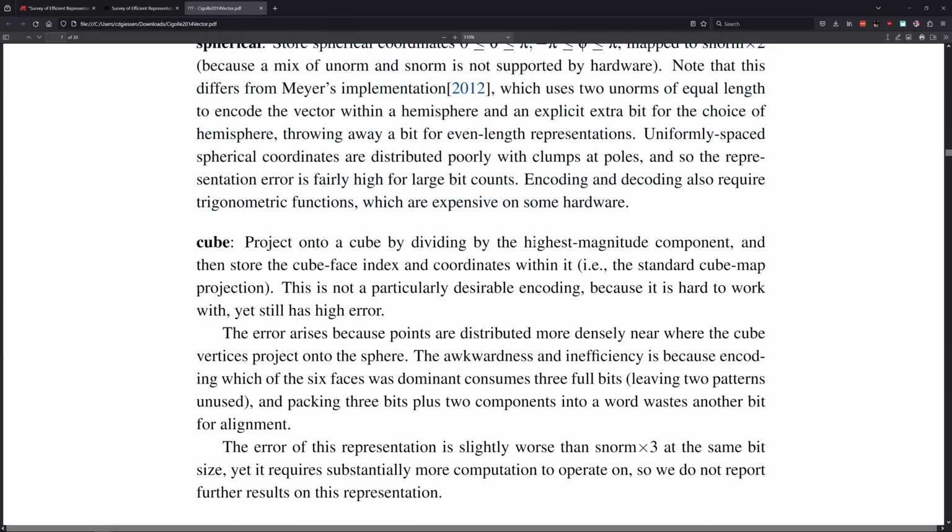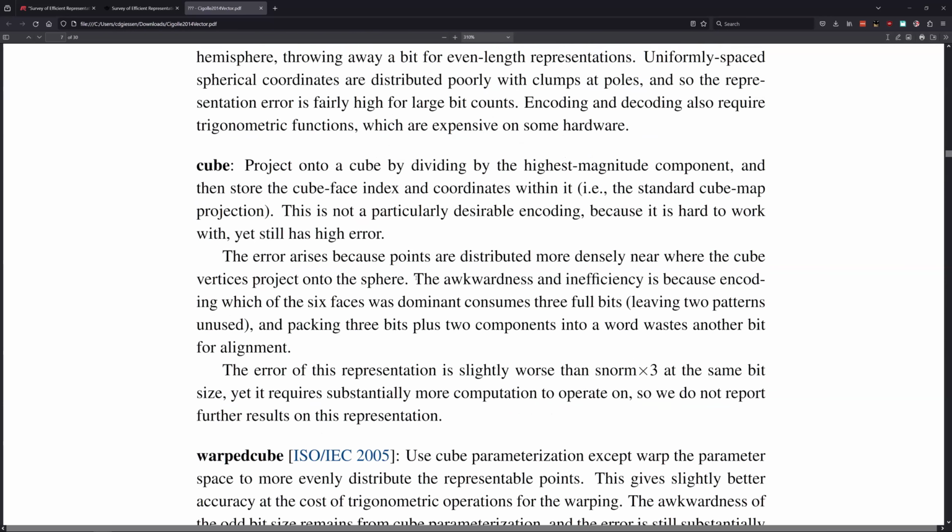Project onto a cube. Then store the cube face index and coordinates with it. It's hard to work with and has high error. And the error accumulates near the vertices. And you have to use 3 bits to specify which face the rest of the coordinates are on.